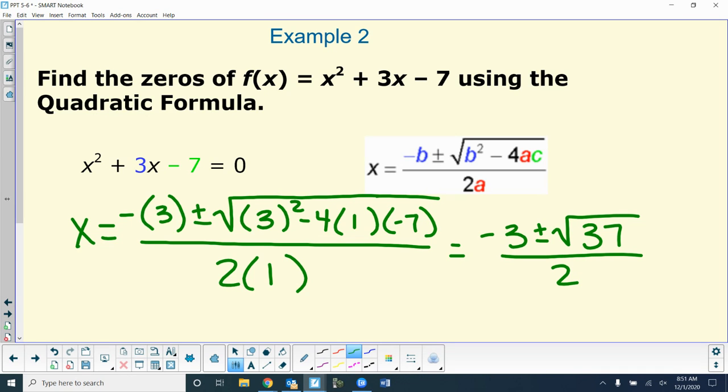Okay, because we have a -4 times 1 is -4 times -7 is +28. So this is 9 plus 28, which is your 37. Okay? So I would get in the habit of doing that, and you'll never get the wrong signs. Okay? Questions?